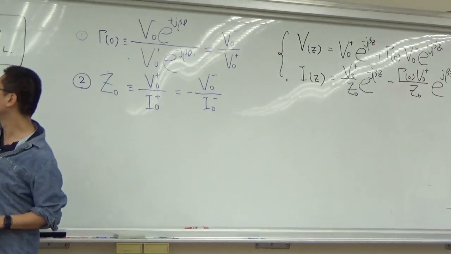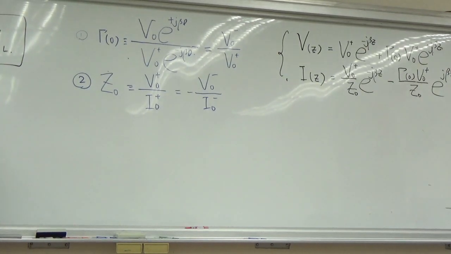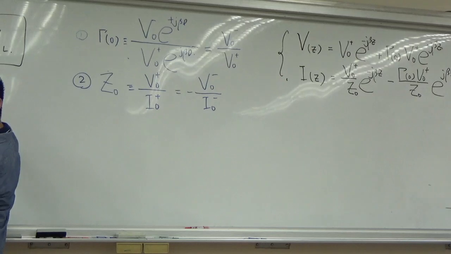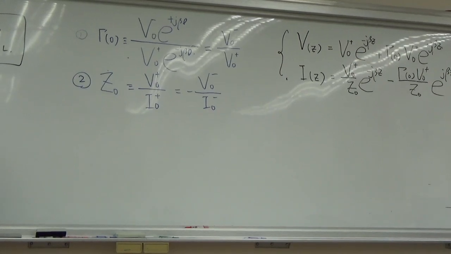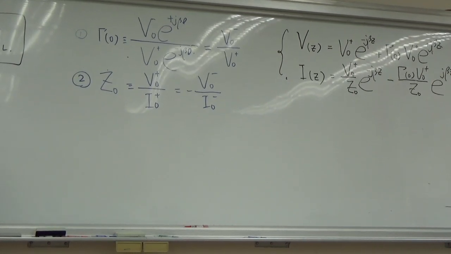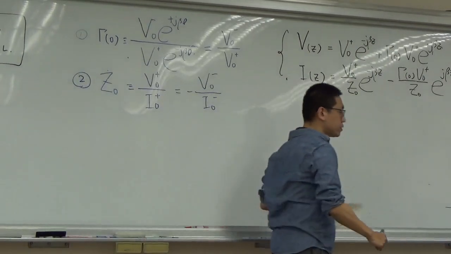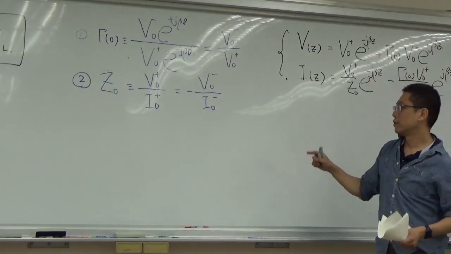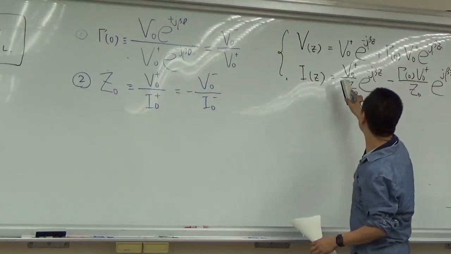But the position z here becomes negative, because we define here as 0, right? So the left part is negative. And here we will find that z equals minus l at the other end of the transmission line. Okay, no problem, right? So according to this definition, we can change these equations from z to minus l everywhere.